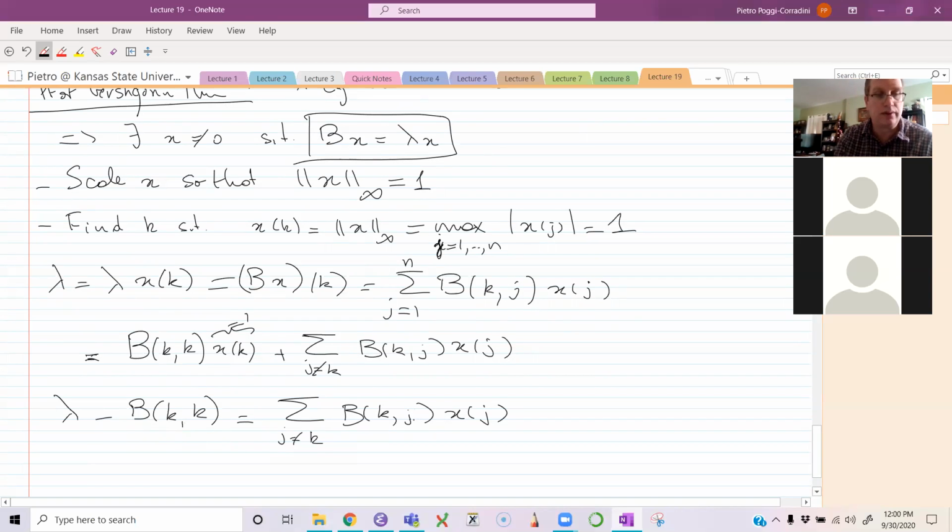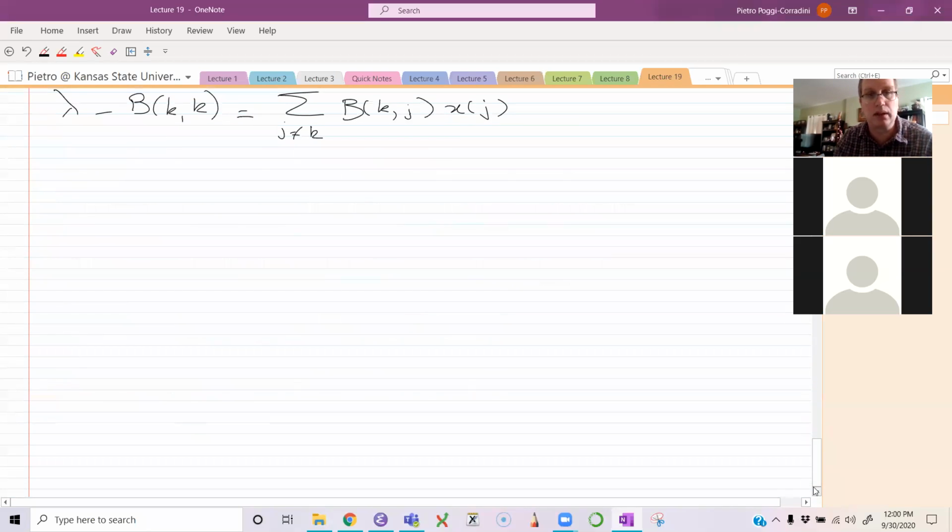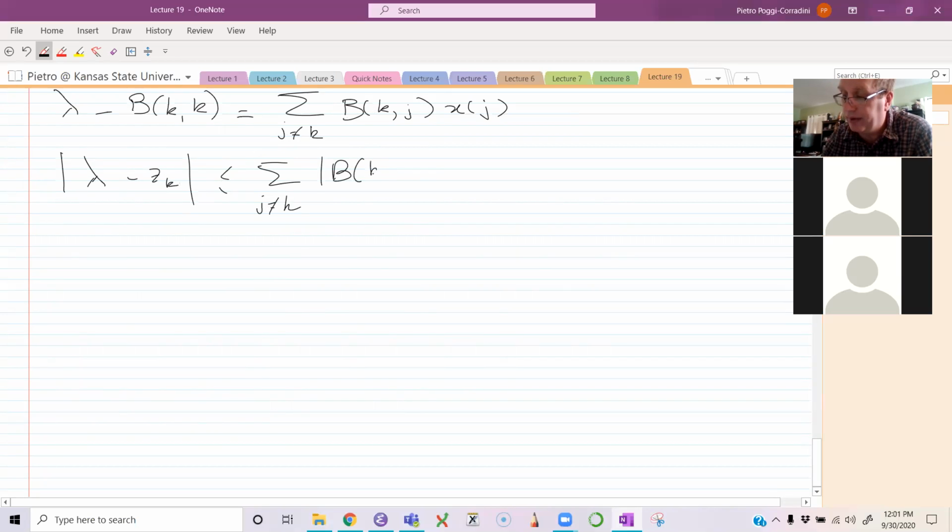All right. So, and remember, by our notations, bkk is a complex number. It's actually zk. So that means that lambda minus zk, if I take the absolute value and I use the triangle inequality, is less than if I put the absolute values inside. But these guys here, they're all less than 1 because the infinity norm was 1.